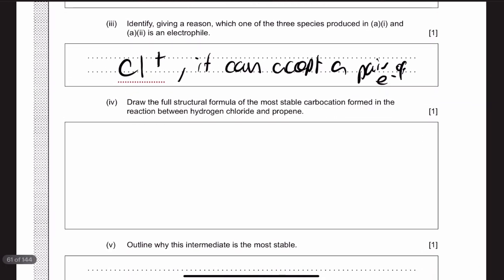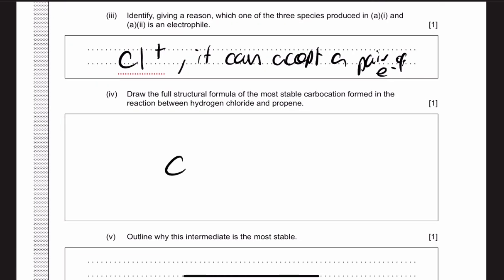Draw the full structural formula of the most stable carbocation formed in the reaction between hydrogen chloride and propene. Oh, wow. Yeah, so we know that the carbocation is going to have this positive charge on one of the carbons. The most stable one. Remember, this stability is due to positive inductive effects, right? So we're essentially just trying to maximize positive inductive effects.